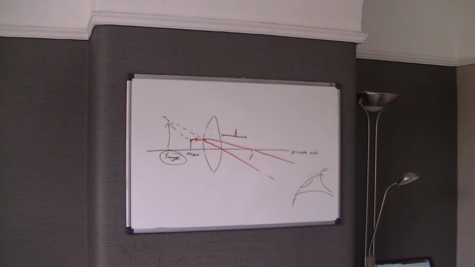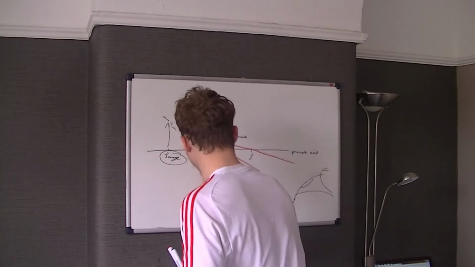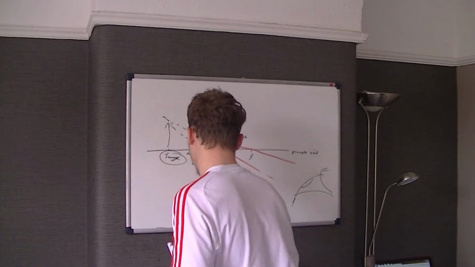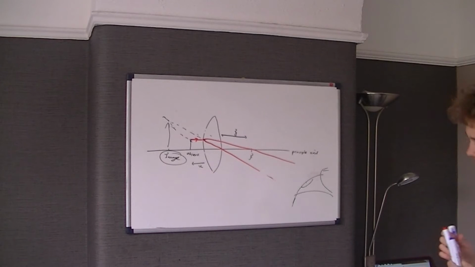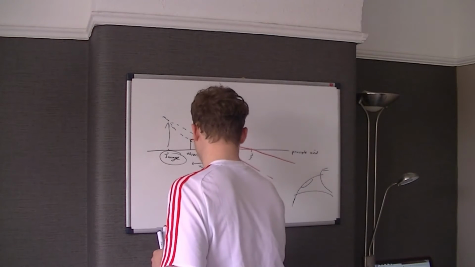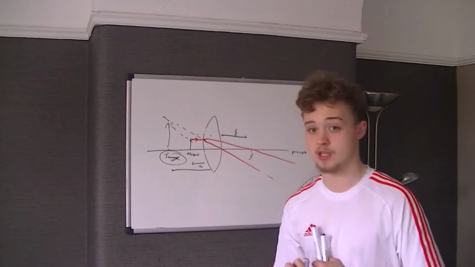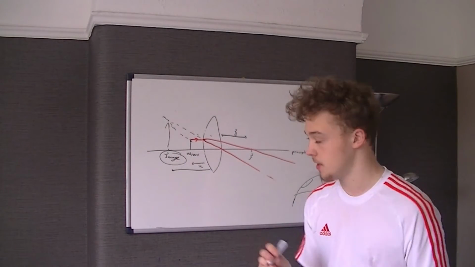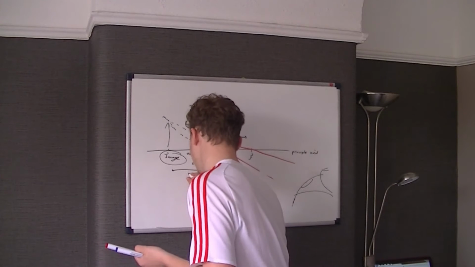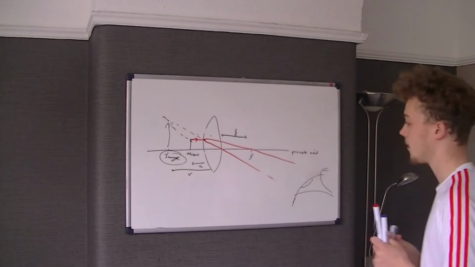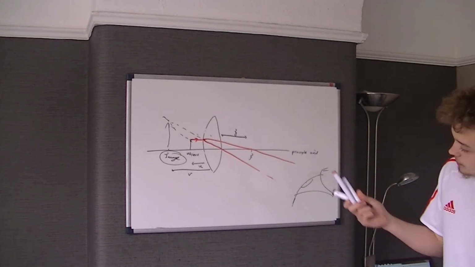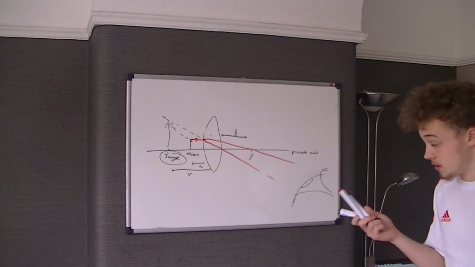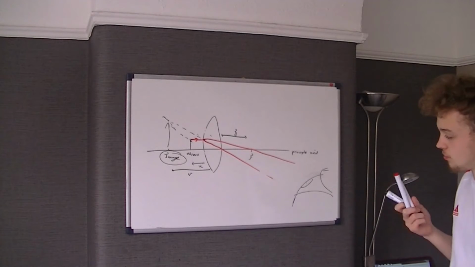The distance from the lens to the object is known as little u, and it's positive if u is on the left hand side. v is the distance from the lens to the image, and it is positive if it is on the right. If it's on the left hand side, it's negative, but we still call it v. So those are a few notes you need to make about what the distances represent.